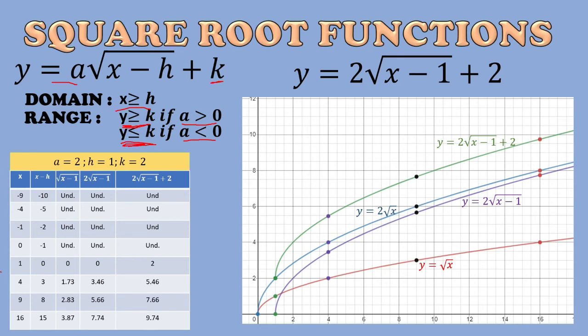If you see this green function, I select the exercise before, and I move it 2 units up. These 2 units up correspond to the value of k, and k is 2.